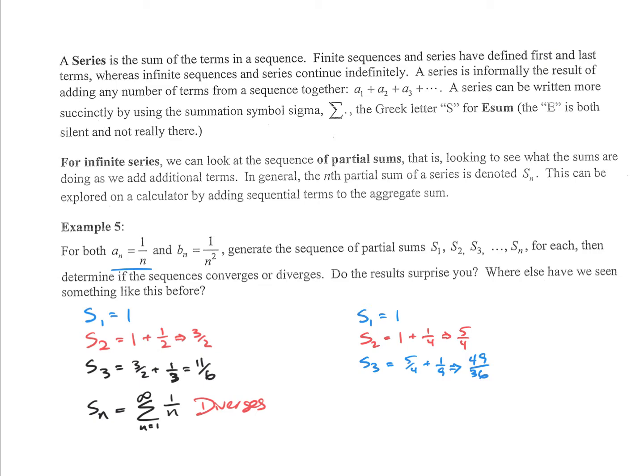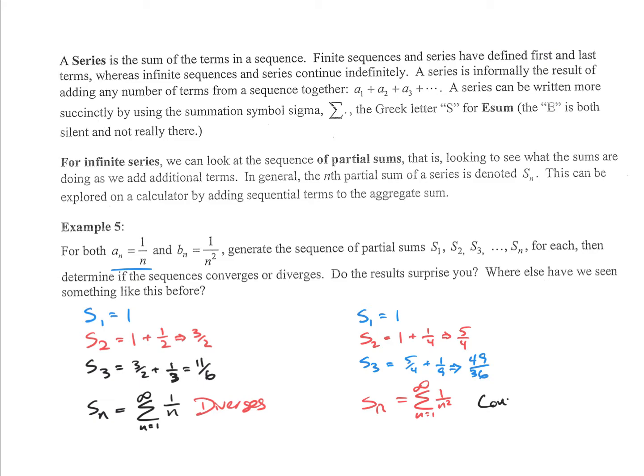Very good. All right. And now we're going to find my s sub n. My s sub n is really the summation from 1 to infinity of this 1 over n squared. We don't necessarily know exactly what it is right now, but what do we think it does?